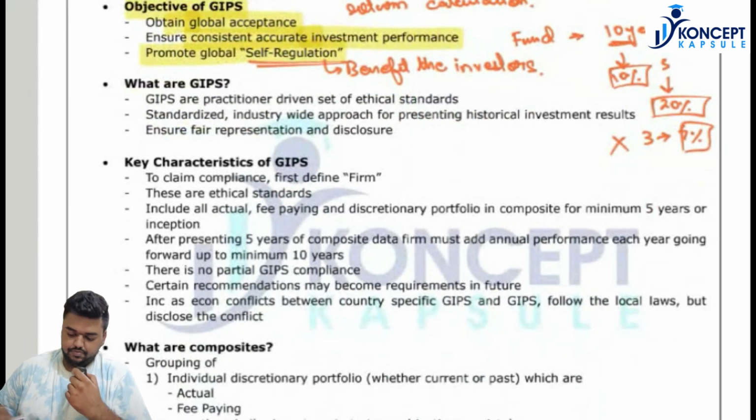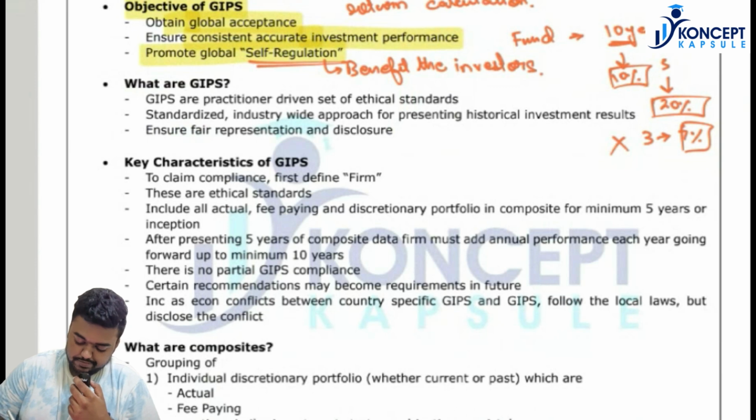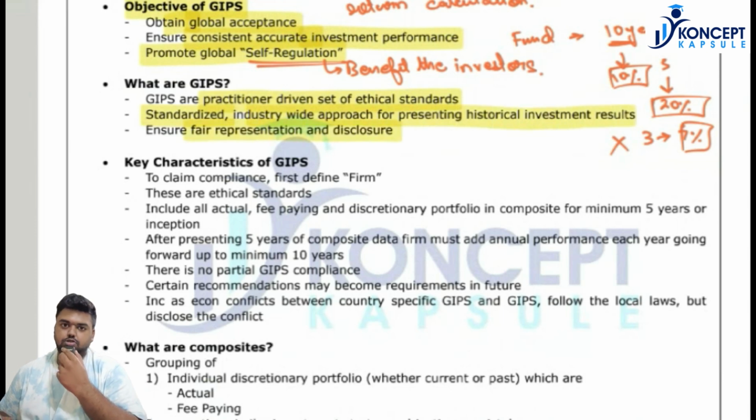What are GIPS? GIPS are practitioner driven set of ethical standards. They are standardized in nature, industry wide approach for presenting historical investment results, ensure fair presentation and disclosure.